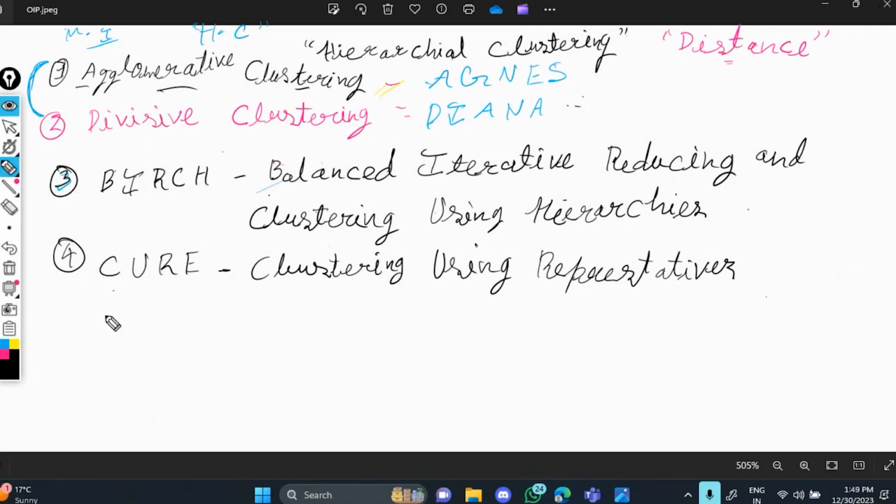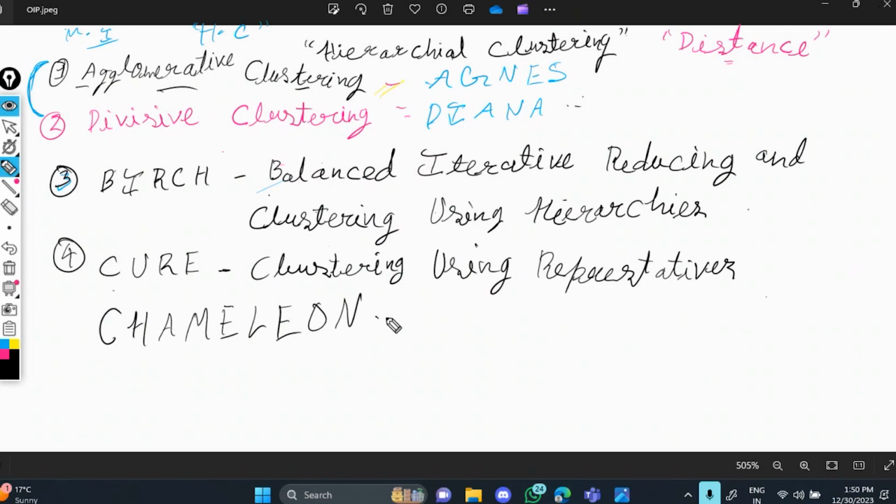And one more clustering technique I discussed in another batch is Chameleon. I might pronounce this wrong, but the spelling is Chameleon.